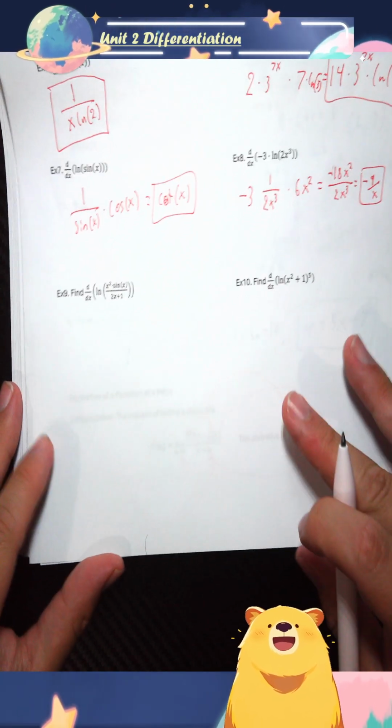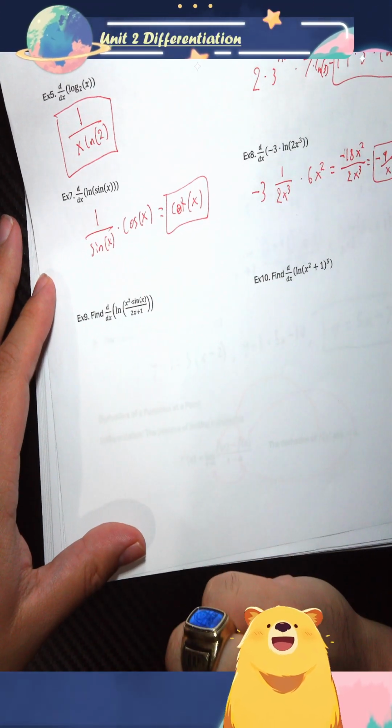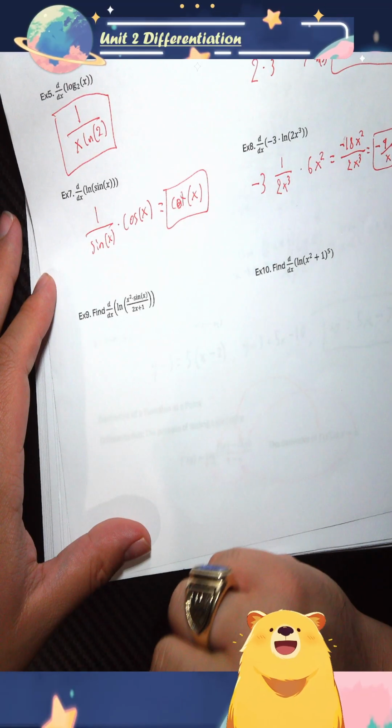All right, let's do some big ones before we wrap up this unit. Here we have this huge expression.